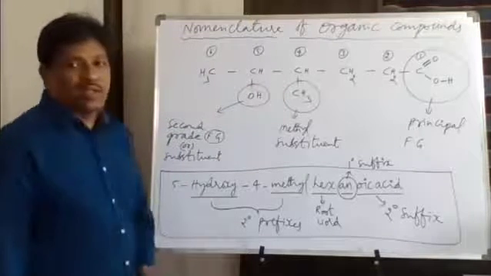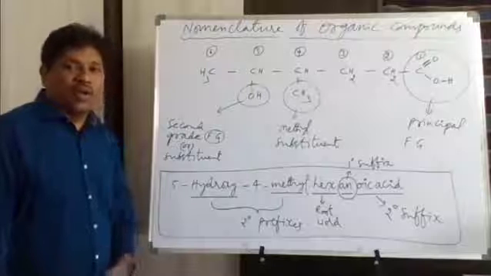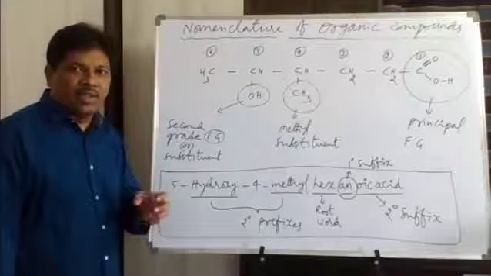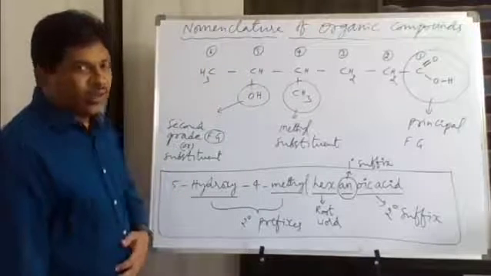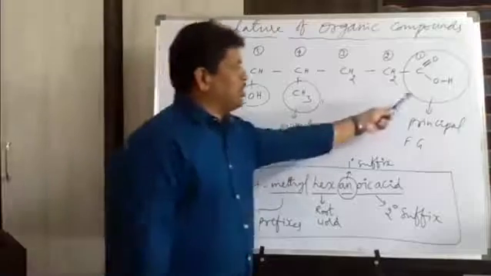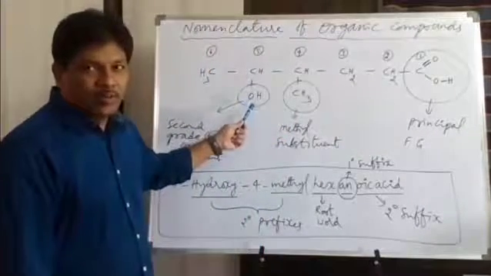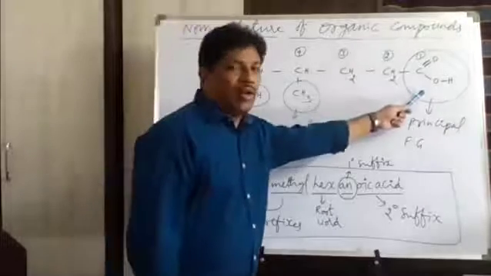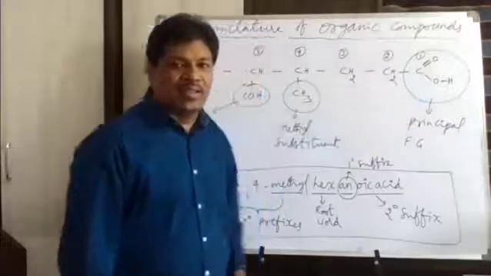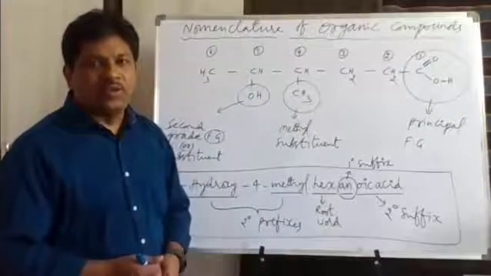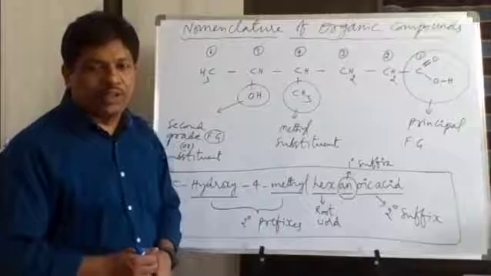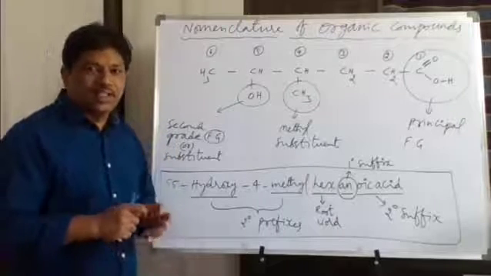In this structure, first we have to identify the functional groups available. Here we have COOH, one functional group, and OH, another functional group. The COOH group is called the carboxylic acid functional group.